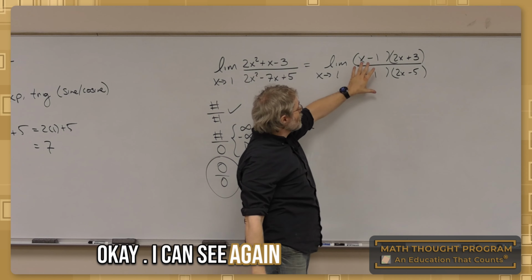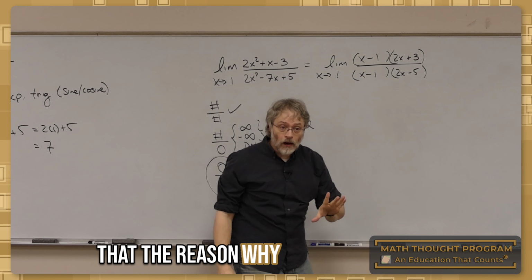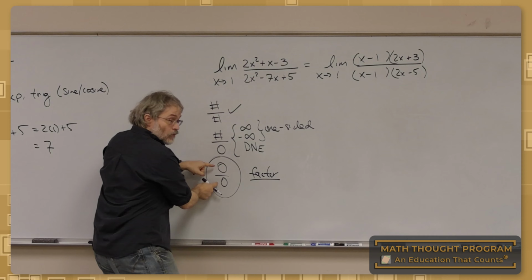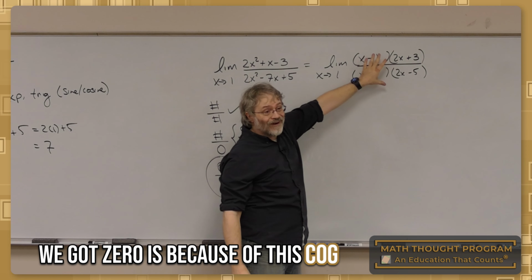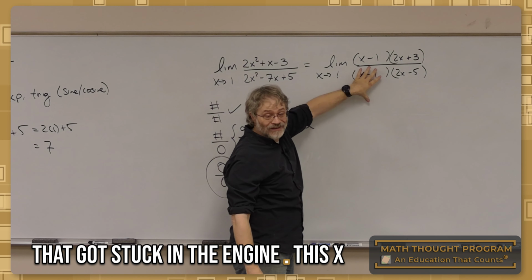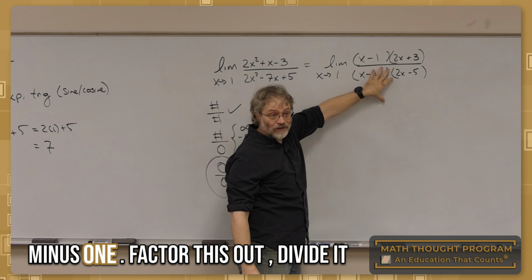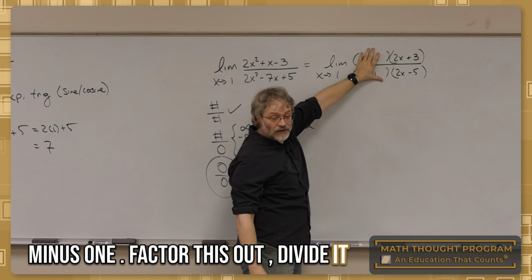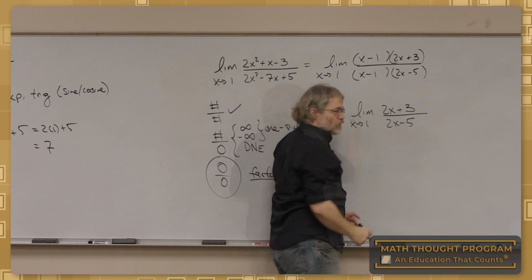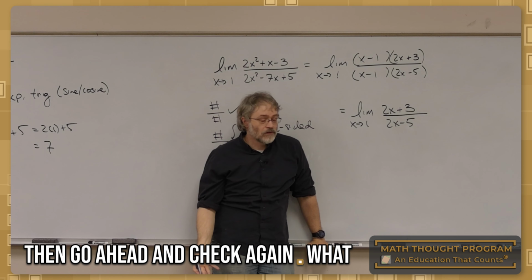We got it. I can see that the reason we got 0 over 0 is because of this cog that got stuck in the engine, this x minus 1. Factor this out, divide it out, then go ahead and check again.